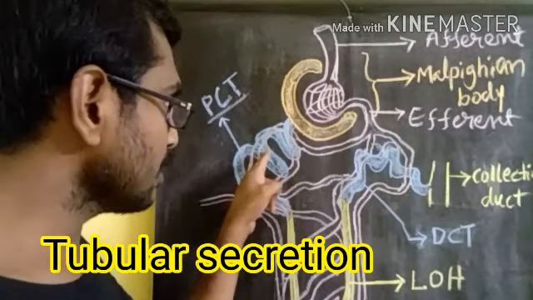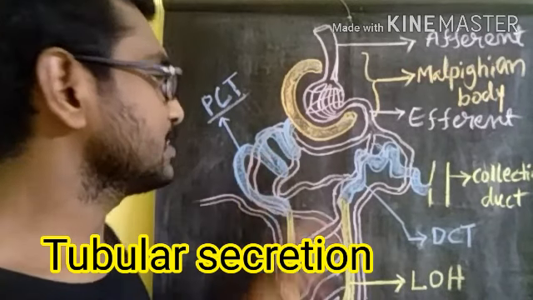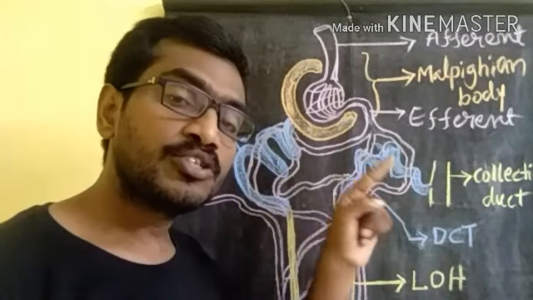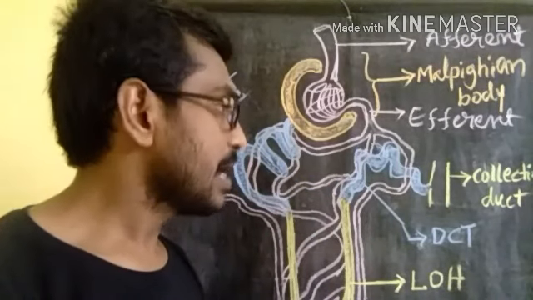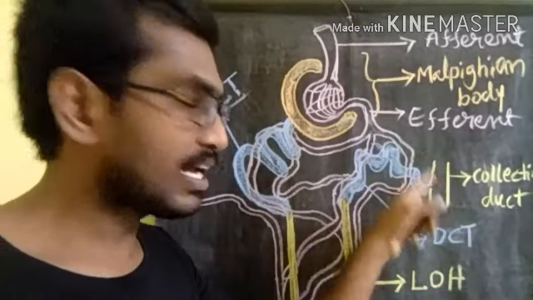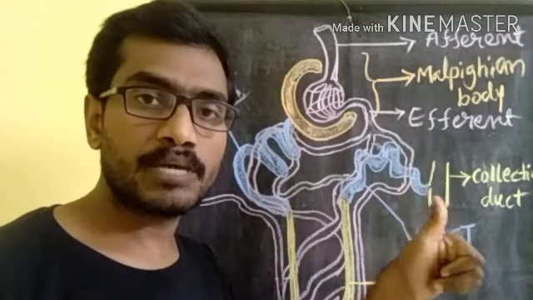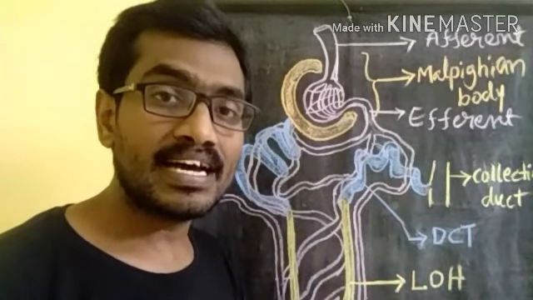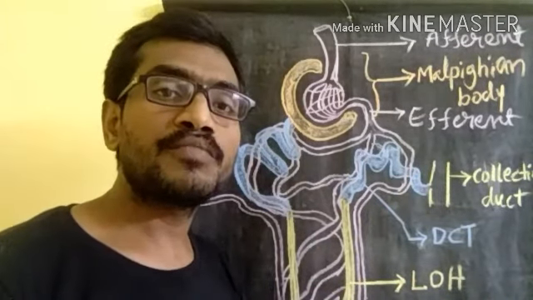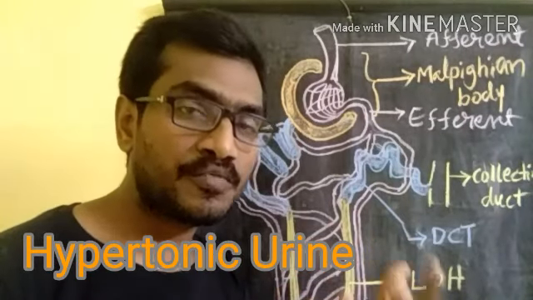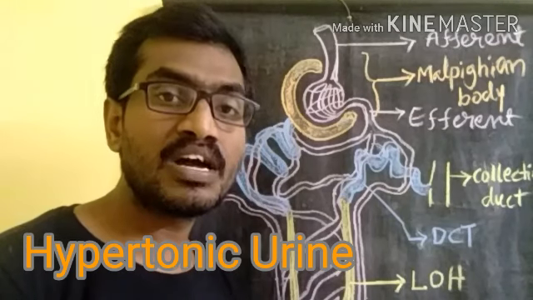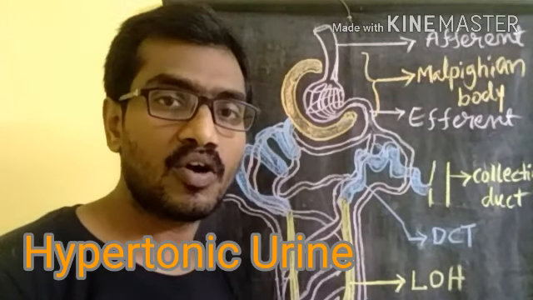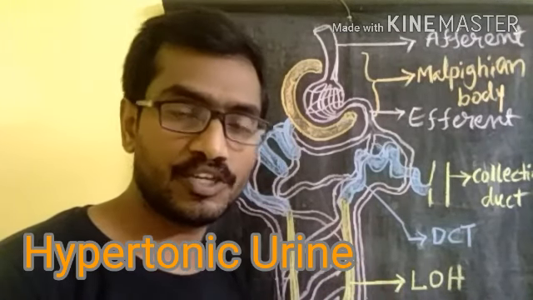Here, tubular reabsorption in the PCT. In the DCT, tubular secretion takes place, and finally, in the collecting ducts, one very important step, the formation of concentrated urine, or hypertonic urine.